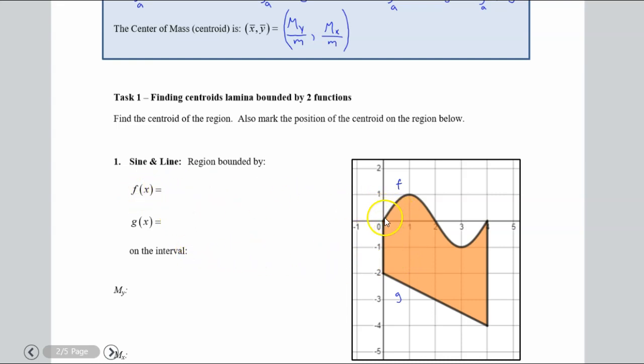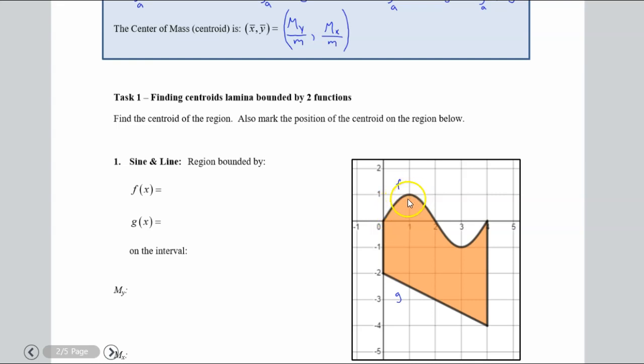So for f, we're looking at a sine curve, and you might have to do a little refreshing on how to come up with the equations of these curves. If you have a sine curve, it looks like the amplitude is 1, so no change in amplitude. There's no shift left or right, it starts right on that midline.